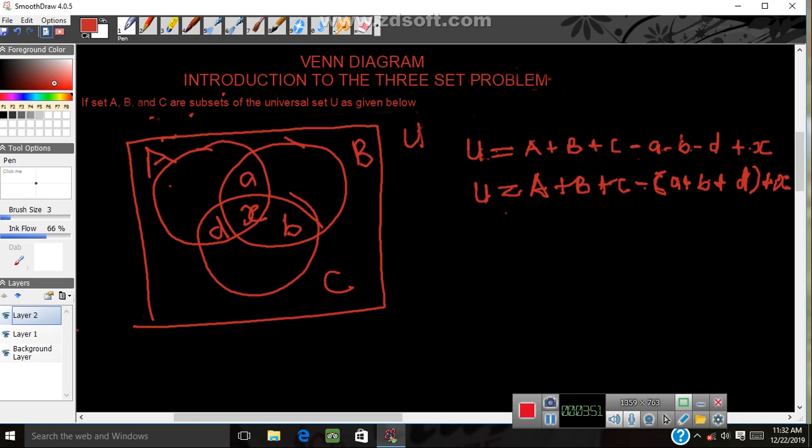Okay, good. At this point, we want to make X the subject. So in this case, we have to let X stand alone. How do we let X stand alone? Making X stand alone is at the point of lifting the entire body as a block. That means A plus B plus C minus the bracket a plus b plus d also goes out.